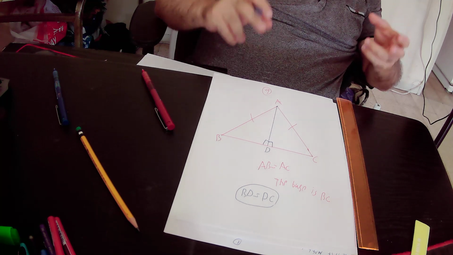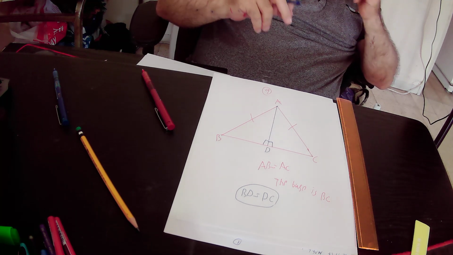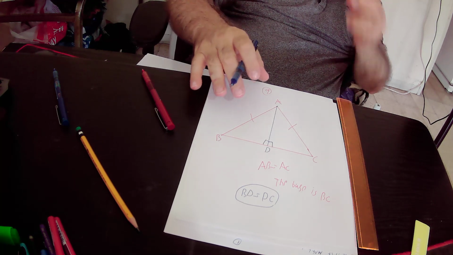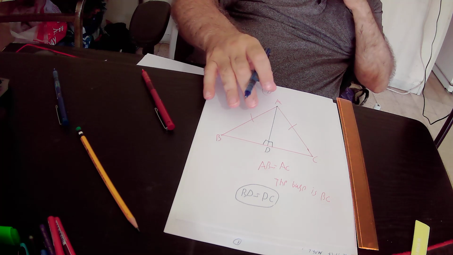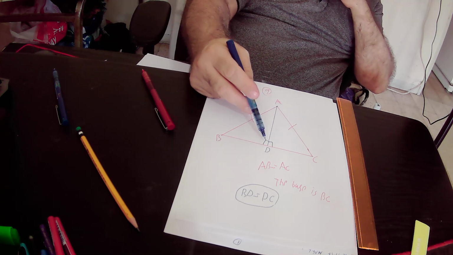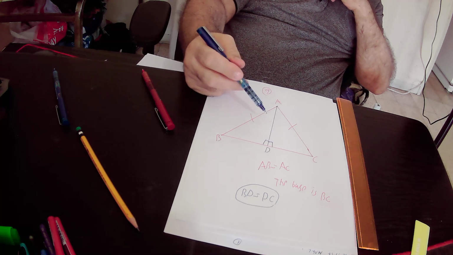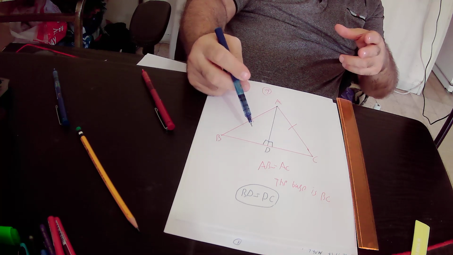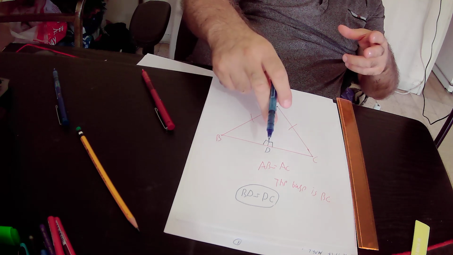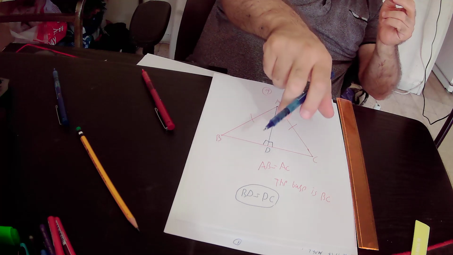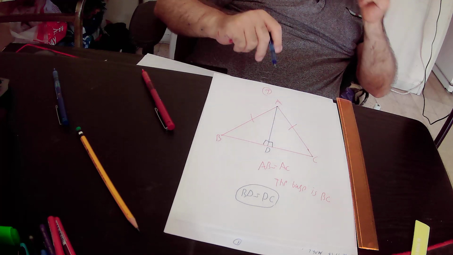That is according to rule number 3. Again, the base BC will be divided into two equal parts by the perpendicular AD. That is to say BD will be equal to DC.